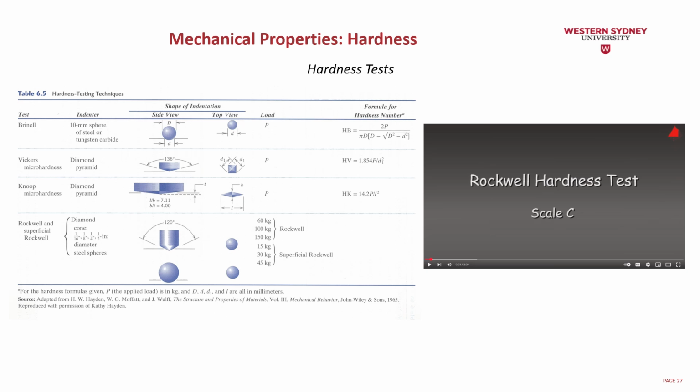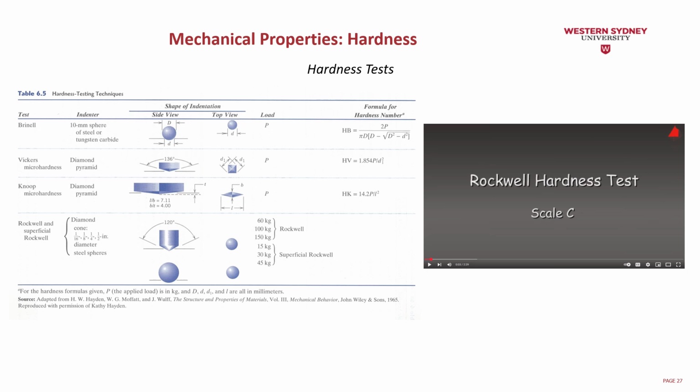Also, we can have the Vickers microhardness by using a diamond pyramid, doing the same things. We're going to have the dimensions for the diamond shape, and once again we're going to have some indentation happen. Then we're going to choose the equation for the HV value to tell how hard the material is based on the Vickers process. We have the Knoop microhardness, and we have the Rockwell and the superficial Rockwell processes.